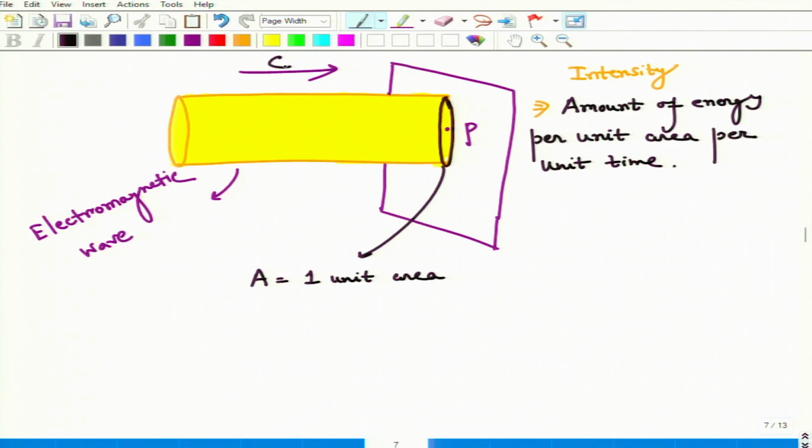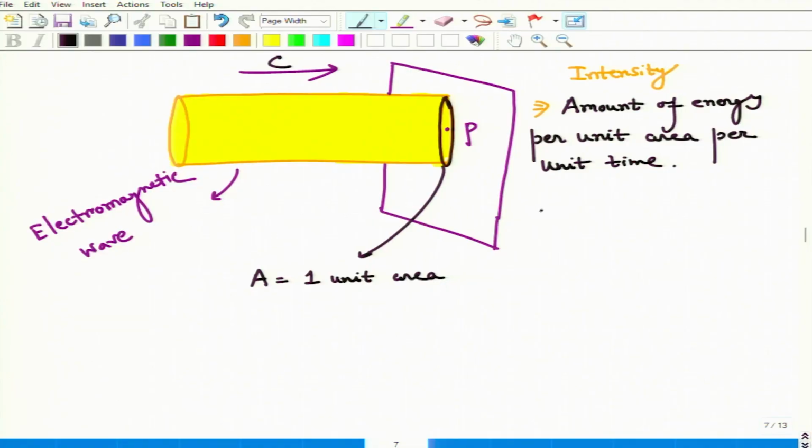So in unit time, a cylinder of length c will impose its energy to the point P, and that should equal the intensity.